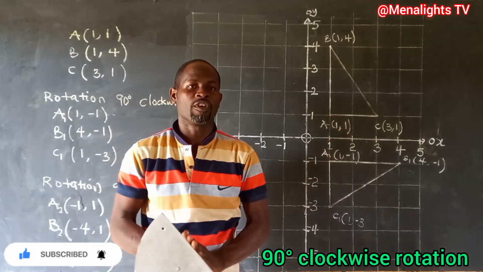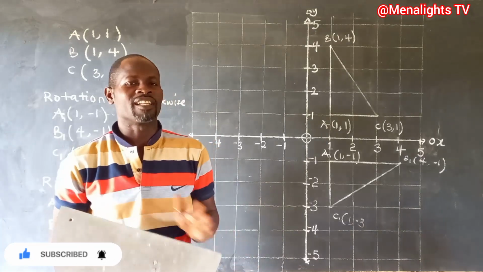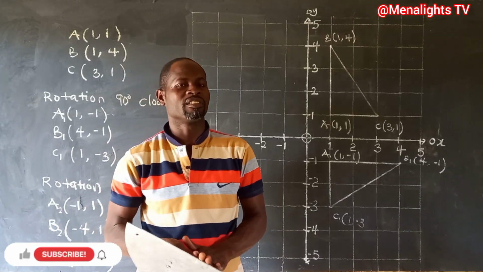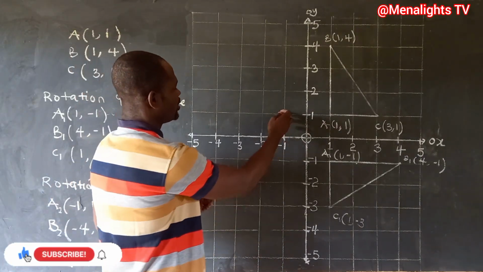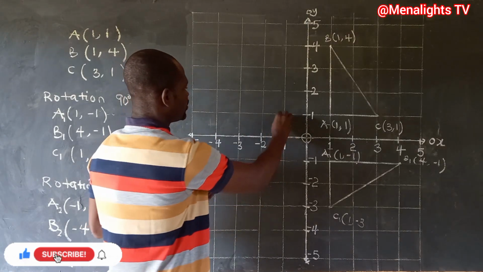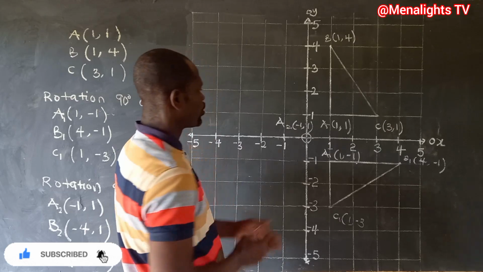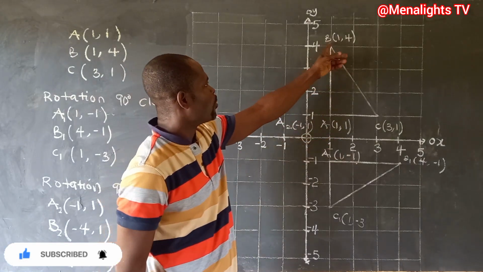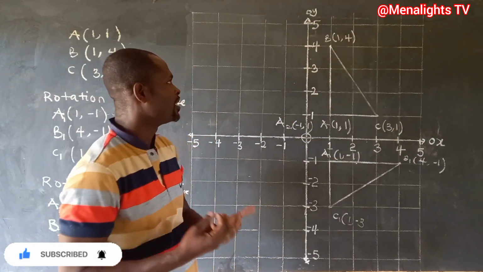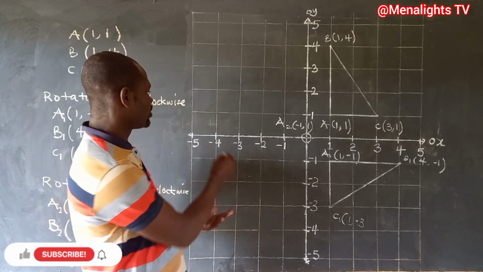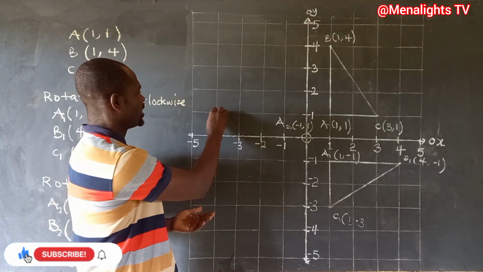So now we are going for the rotation 90 degrees anti-clockwise about the origin. So our A2 here becomes -1, 1. So here we have 1, 4, it will become -4, 1. So -4, 1, we have it here.